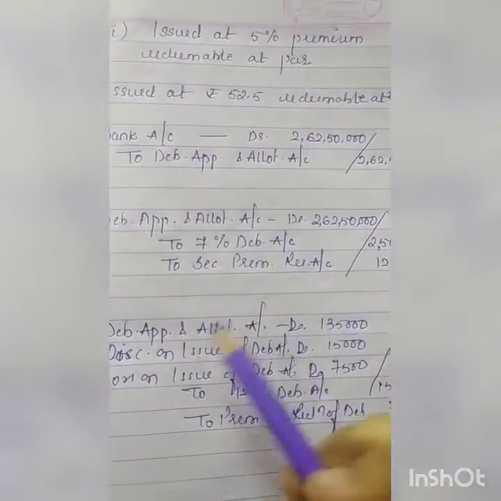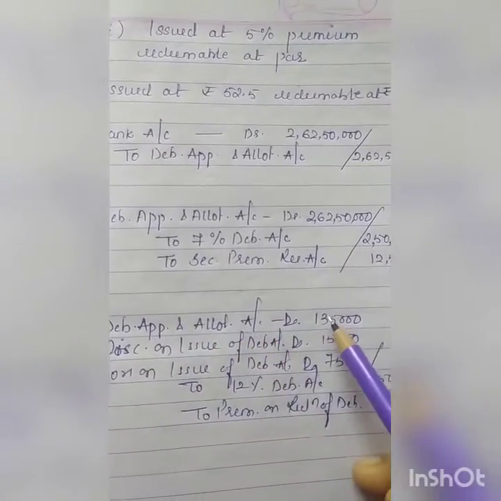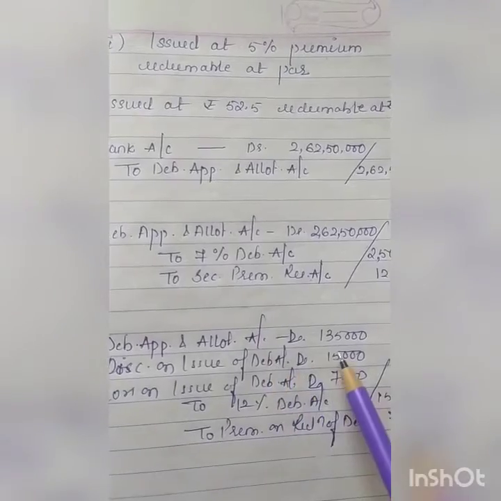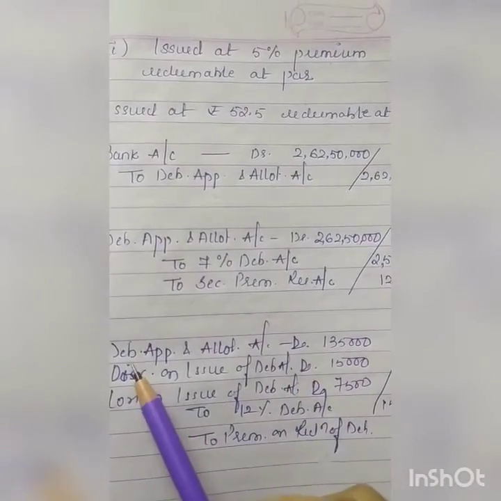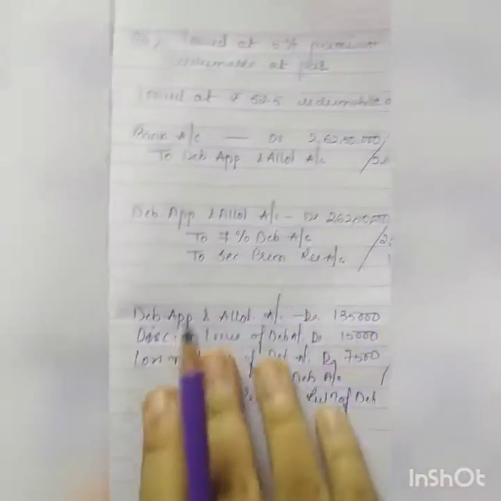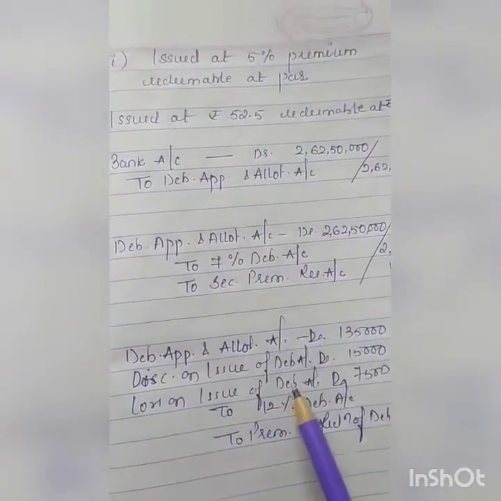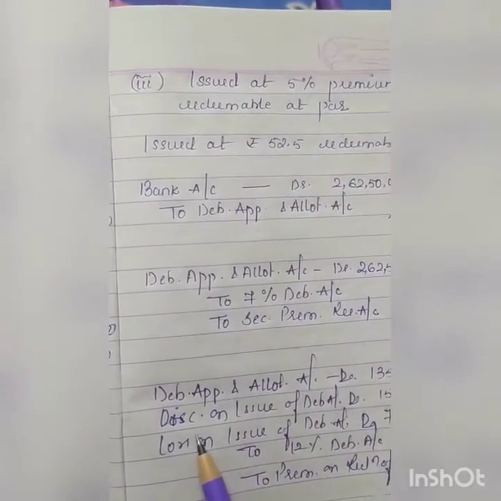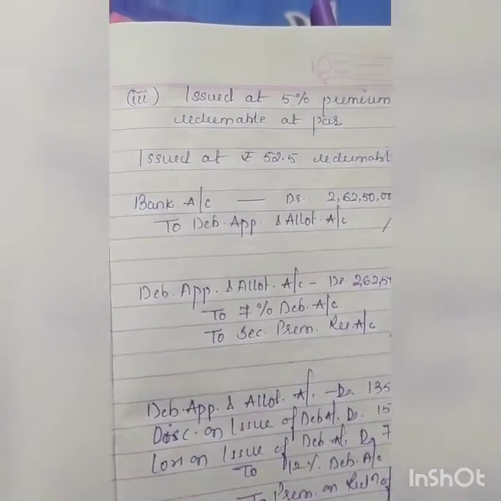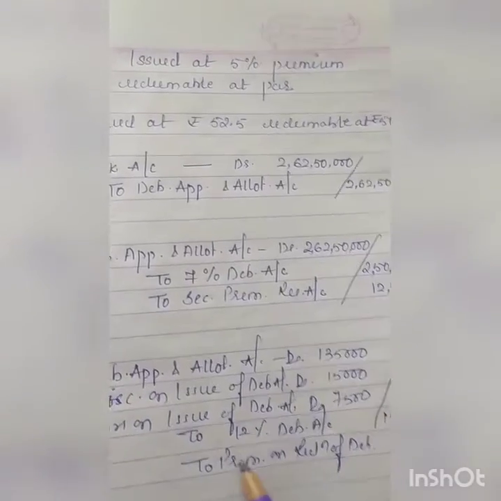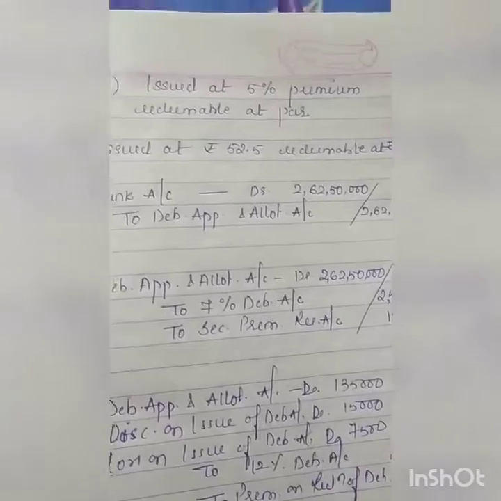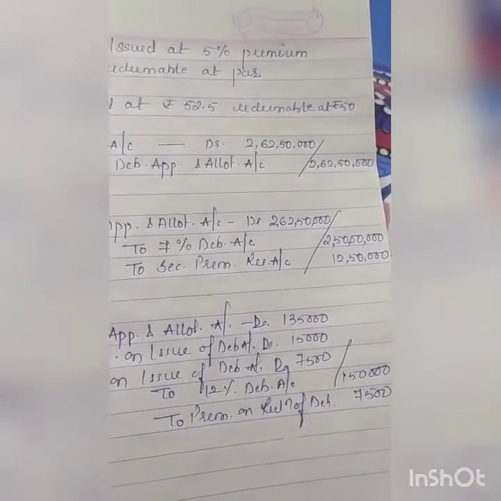See, in this manner, debenture application and allotment account debit 1,35,000. Discount on issue of debentures account debit 15,000. 1,500 into 10 rupees discount, we got 15,000. Then loss on issue of debentures account debit 7,500. 1,500 into 5, that premium. So 7,500 to 12% debentures account 1,50,000 to premium on redemption of debentures 7,500.